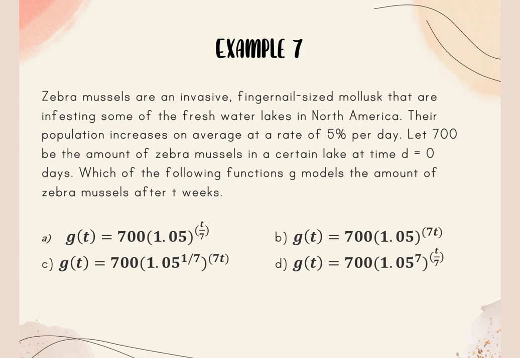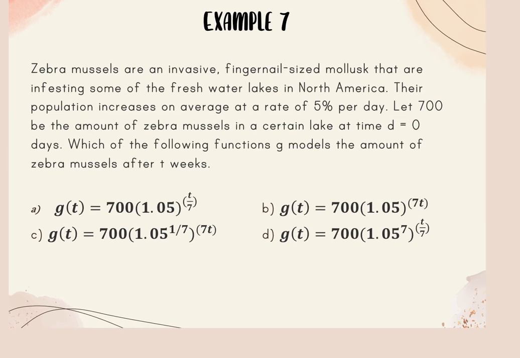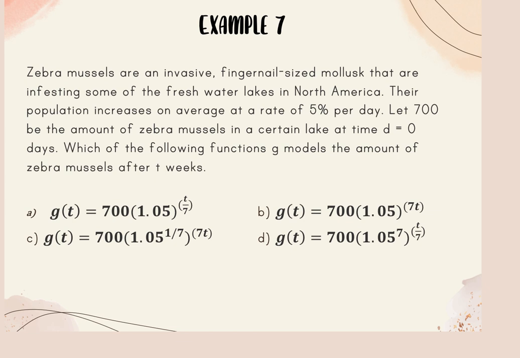All right, the last one, a test prep multiple choice type of question, says zebra mussels are invasive. Did you know that? I didn't know that. They are an invasive fingernail-sized mollusk that are infesting some of the freshwater lakes in North America.